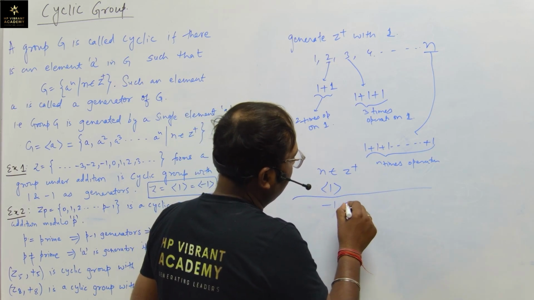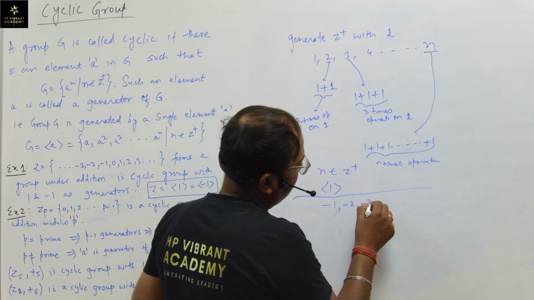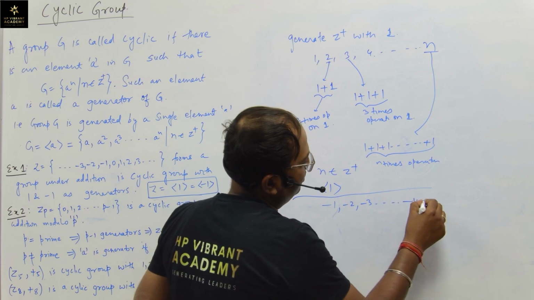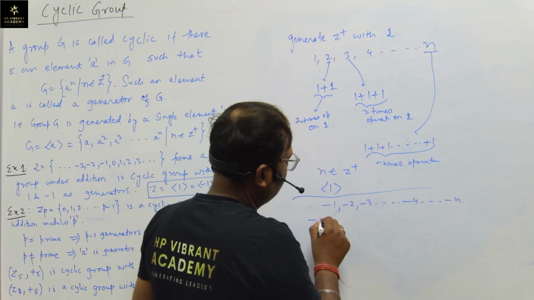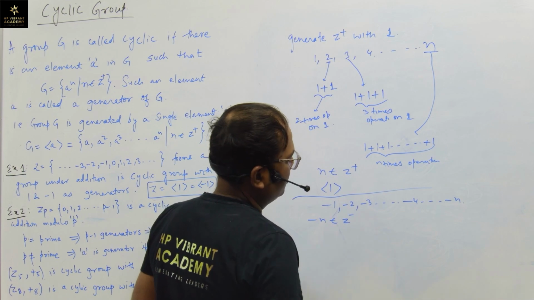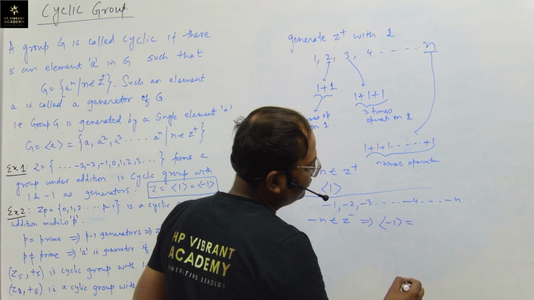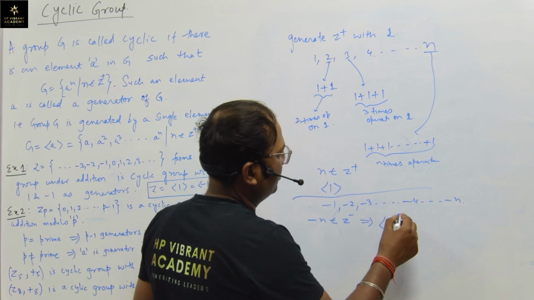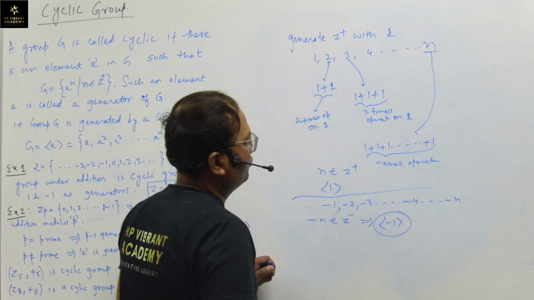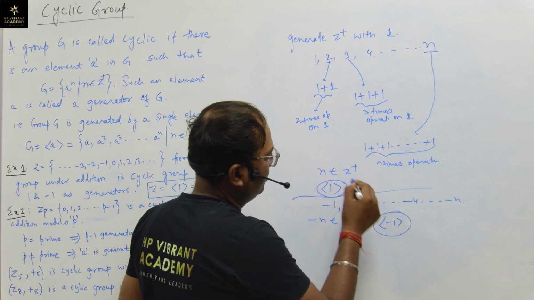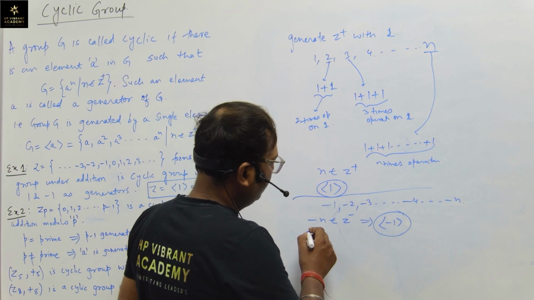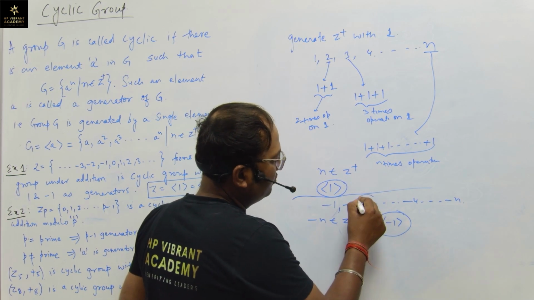Similarly, let us take negative integers. So we have minus 1, minus 2, minus 3, minus 4, minus n. Minus n belongs to Z minus. Then minus 1 is the generator. For positive integers we have 1 as the generator. Suppose we want to generate minus 3.